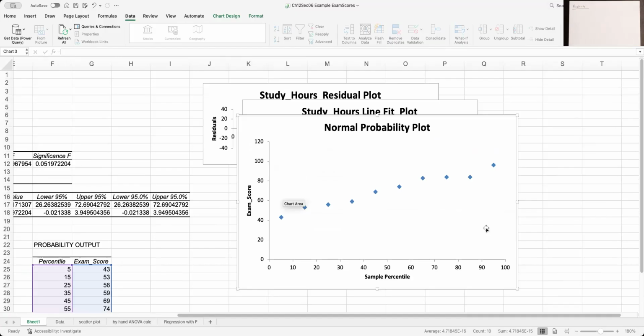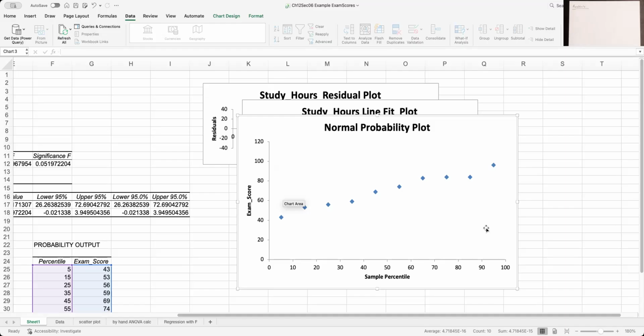So my assumption is that I should get a normal distribution. Using our normal inverse calculator, I can say, okay, well, if it was normally distributed, my residual should look like what? If that's not a roughly straight line, then I have a problem. How's this one? That's not bad. It's not a perfect straight line, but it's pretty close.